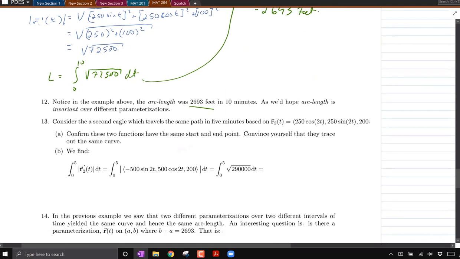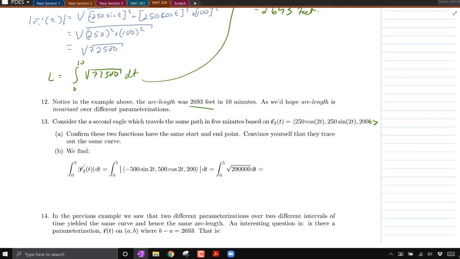Okay. What I went ahead and did was repeat the problem here in number 13, and notice what I did here. It looks like this t cut off a little bit. This should be t for the end of that function. I went ahead and reparameterized this helix. Just to convince you that this is the same helix, let's check a couple of things.